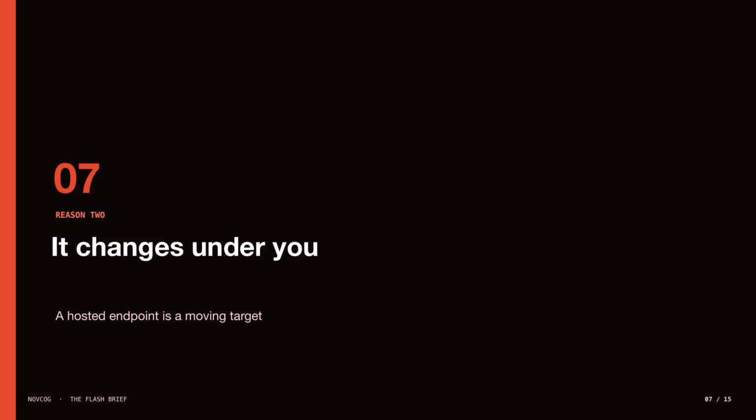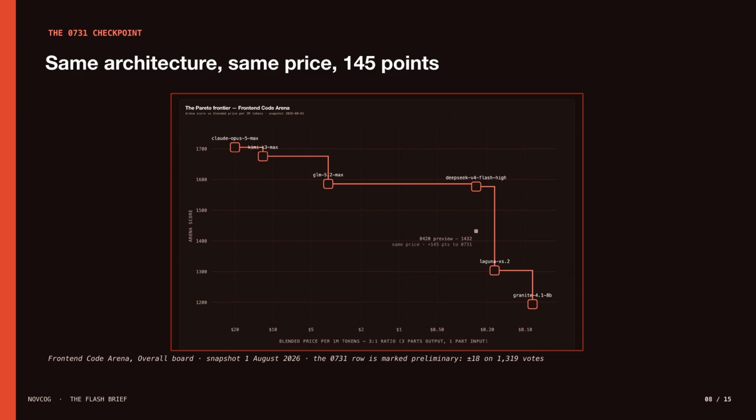Reason 2. A hosted endpoint is a moving target. The same model name can be post-trained, requantized, retuned for safety, or quietly routed to different hardware, and your prompts behave differently afterwards. Usually the change is an improvement. It is still a change you did not schedule and cannot defer. This project supplies its own illustration.